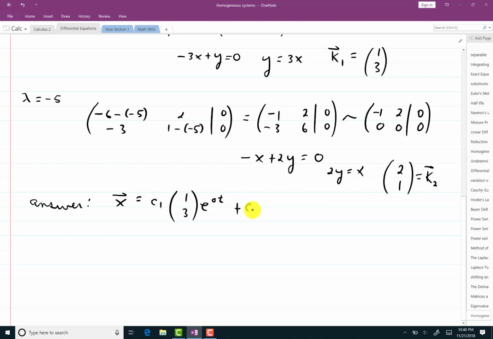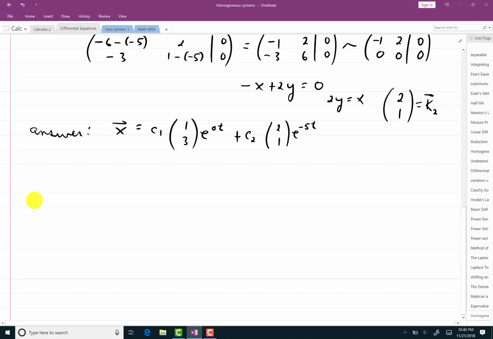And then we've got C2, 2, 1 was attached to e to the negative 5t. I could simplify this just a little bit. My answer will look like C1, 1, 3, plus C2, 2, 1, e to the negative 5t.